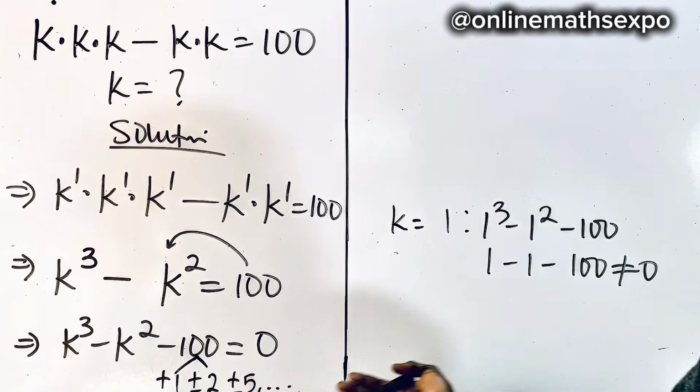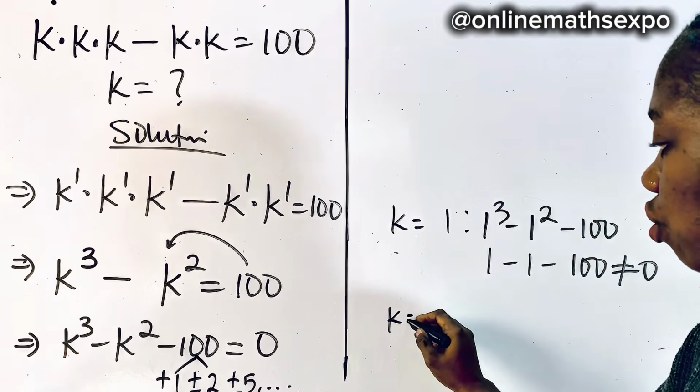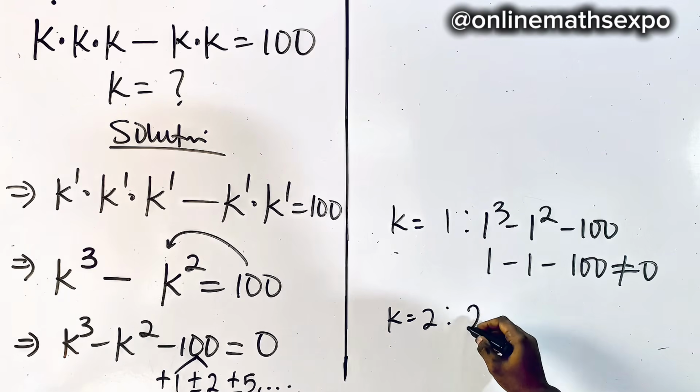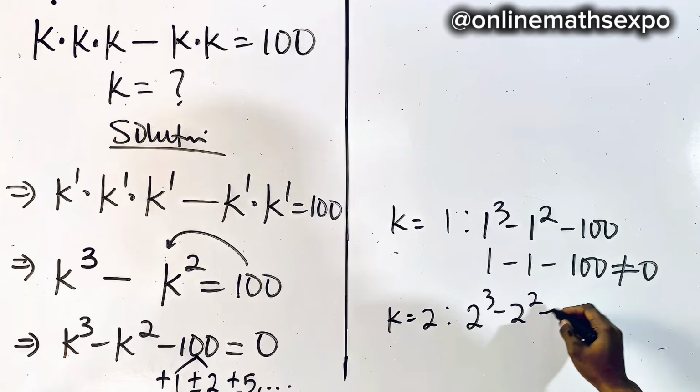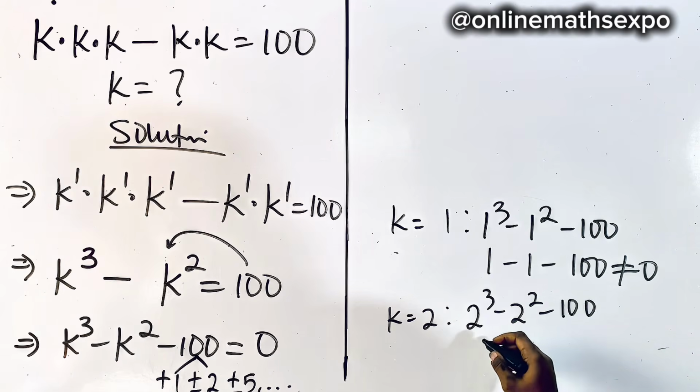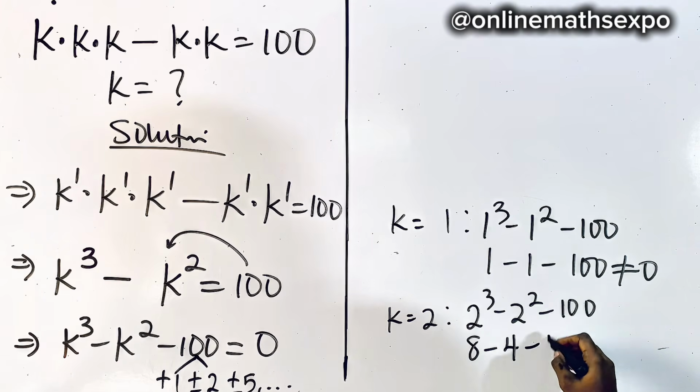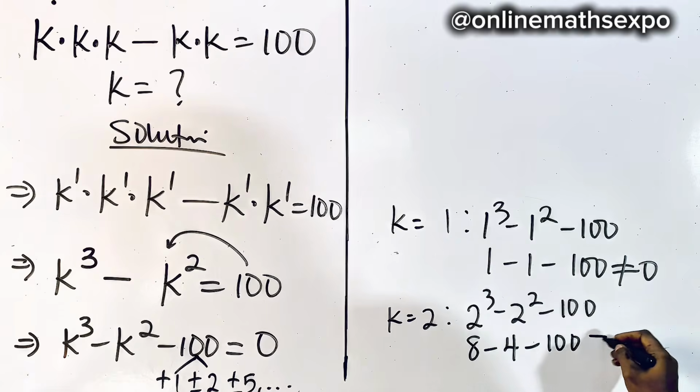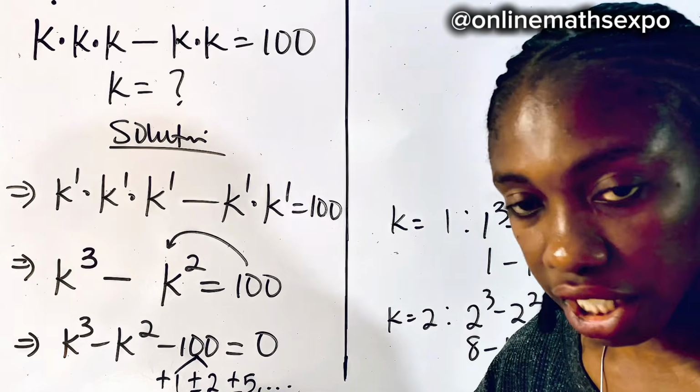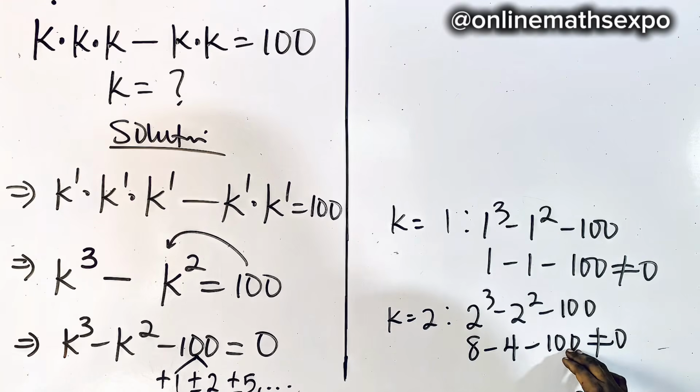Now, let's check for when k is 2. We are going to have 2 cubed minus 2 squared minus 100. This will give us 8 minus 4 minus 100. This is also not close to 0. You can also check for negative 2. Because this is larger, it will still not give us 0.